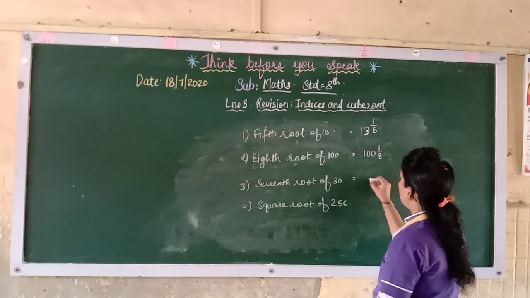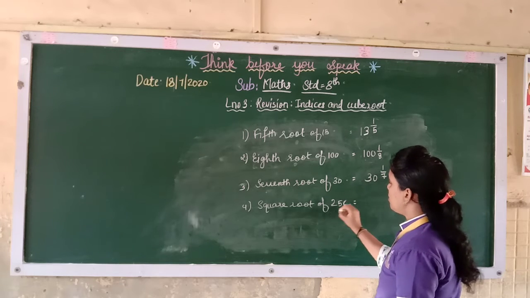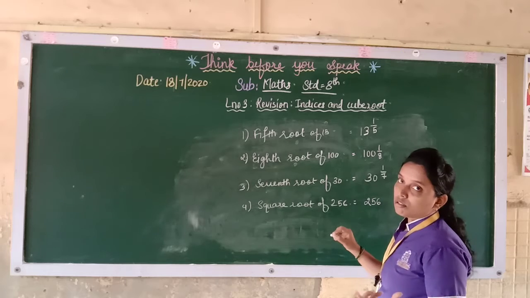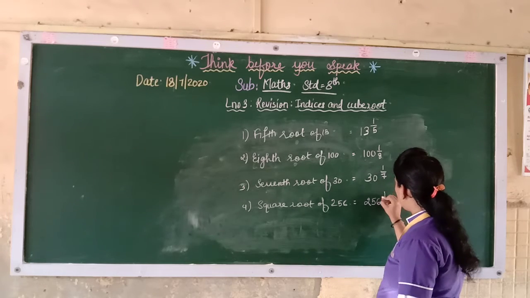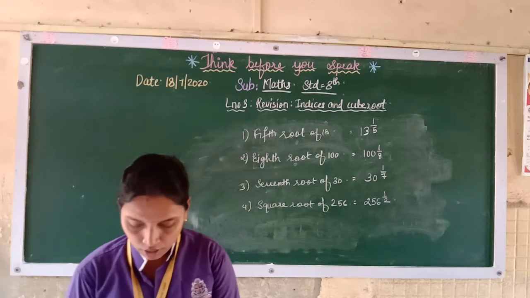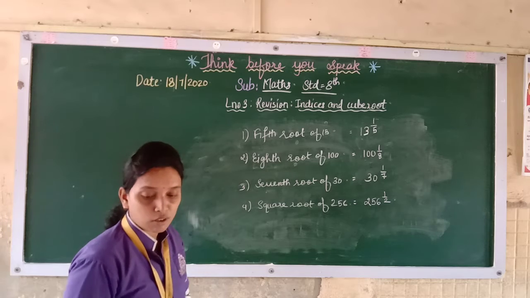Seventh root of 31, so we get 31 raised to 1 upon 7. This is square root of 256. Square means 2, so square root will become 1 upon 2. So this is how we can express the following numbers in index form.